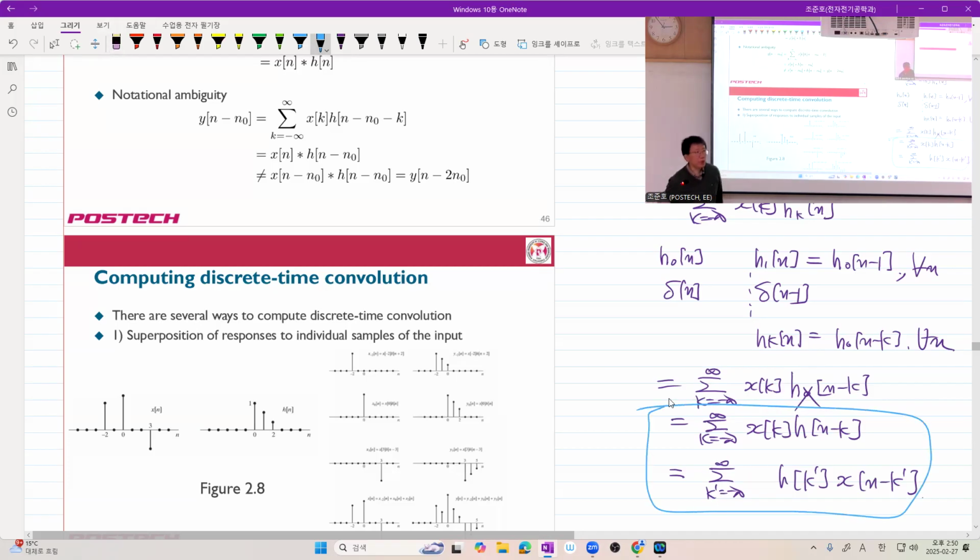This simple rewriting of this relation gives us a very interesting idea. What? The output y can be viewed as a delayed, weighted version of impulse responses, or our output can be viewed as a delayed, weighted version of the input signal.